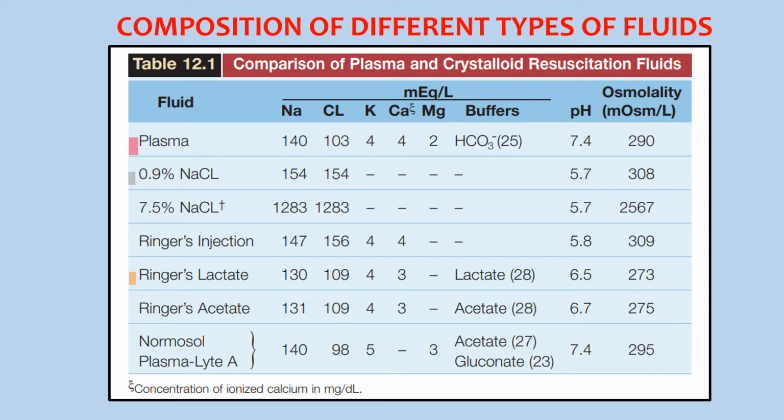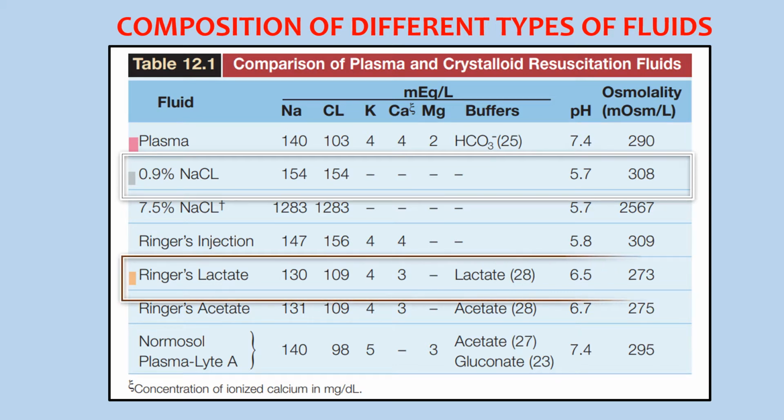Sodium chloride as such is not acidic, but in the process of making it, because of exposure to carbon dioxide and exposure to the container, the plastic bottles, the glass bottles, whatever you are making it in, it leads to an acidic pH. So this is sodium chloride, and you can see chloride is very high. We shall discuss this as we move on.